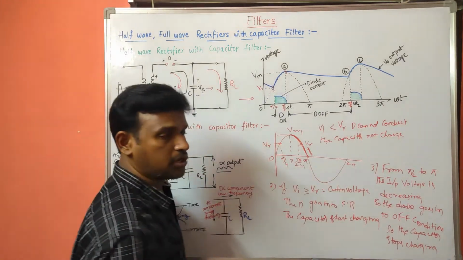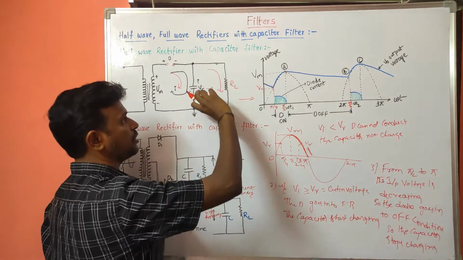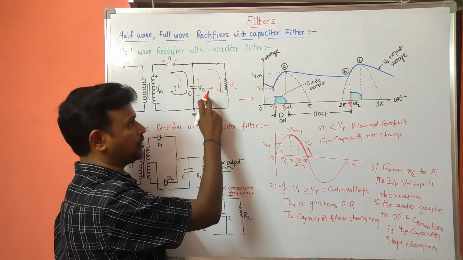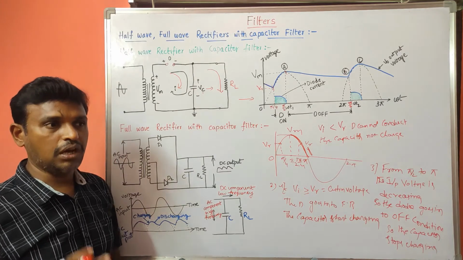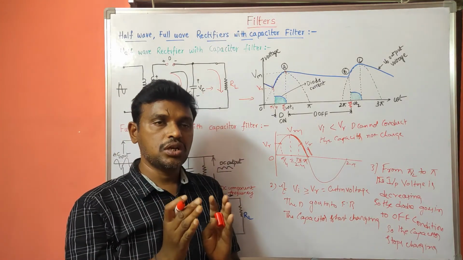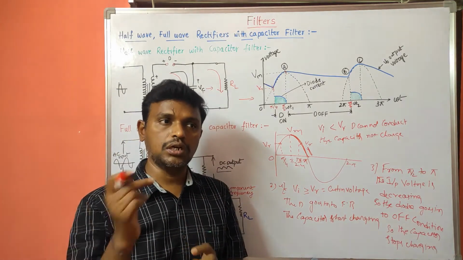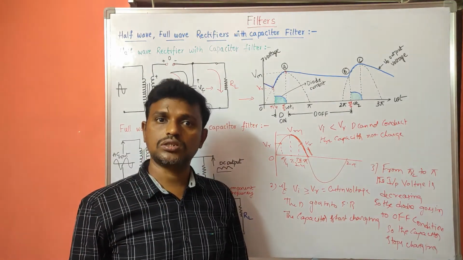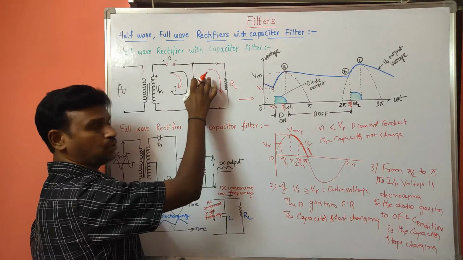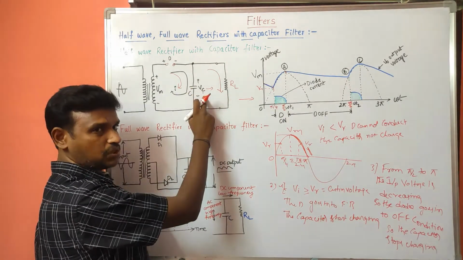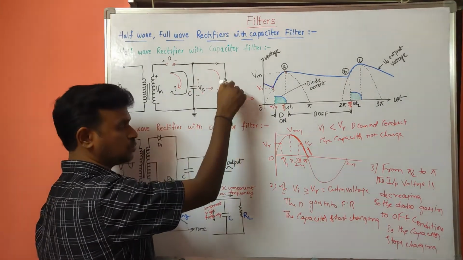Okay, the capacitor stops charging, and what happened here? Because we have connected the load across the capacitor, whenever a capacitor is charged and you connect a load across it, the capacitor will discharge through that load. So now this capacitor will act as a voltage source with voltage Vc, and it will discharge through the load.